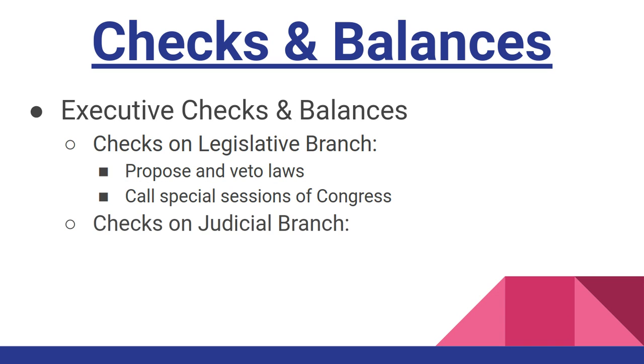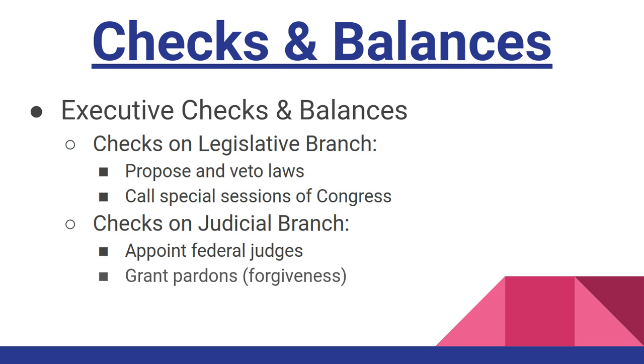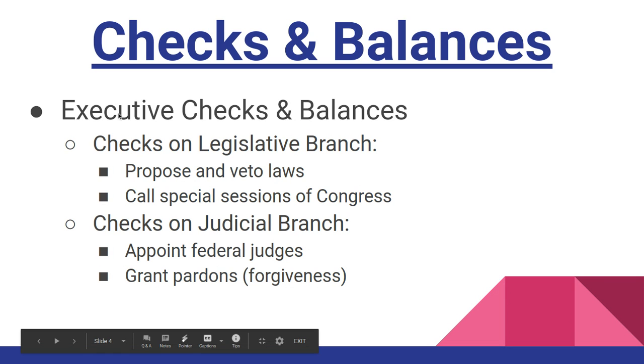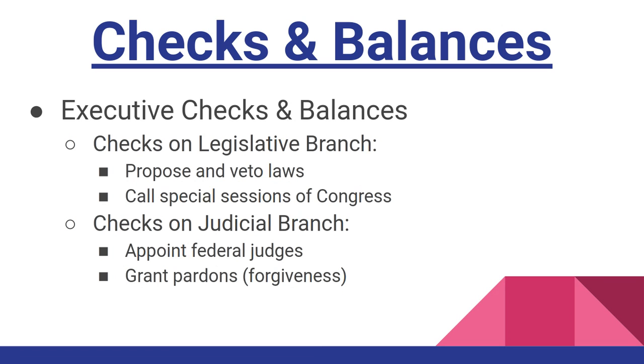So a special session was called to make that happen. For the judicial branch, the executive appoints federal judges. They can grant pardons. They can forgive people of their crimes. Once again, examples for legislative and examples to control the judicial. And these are all things the executive branch can do, powers that they hold, actions to limit the other ones.